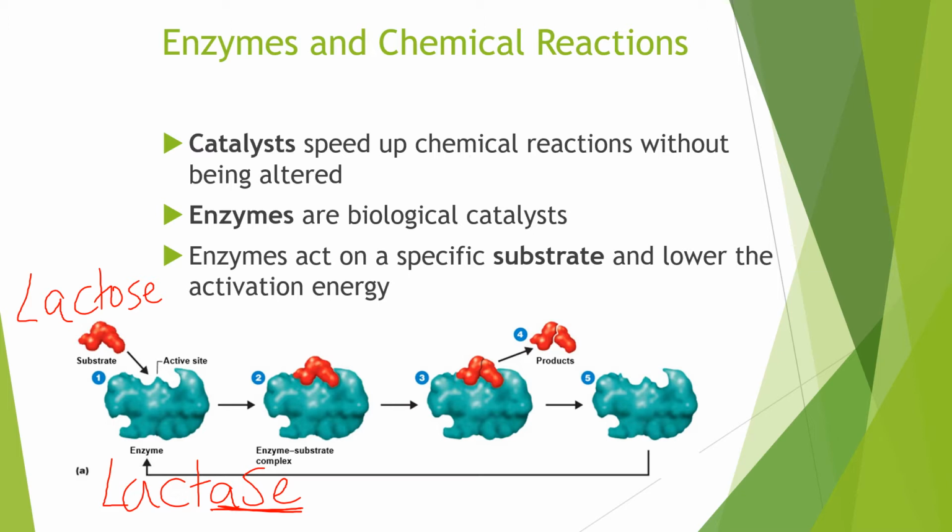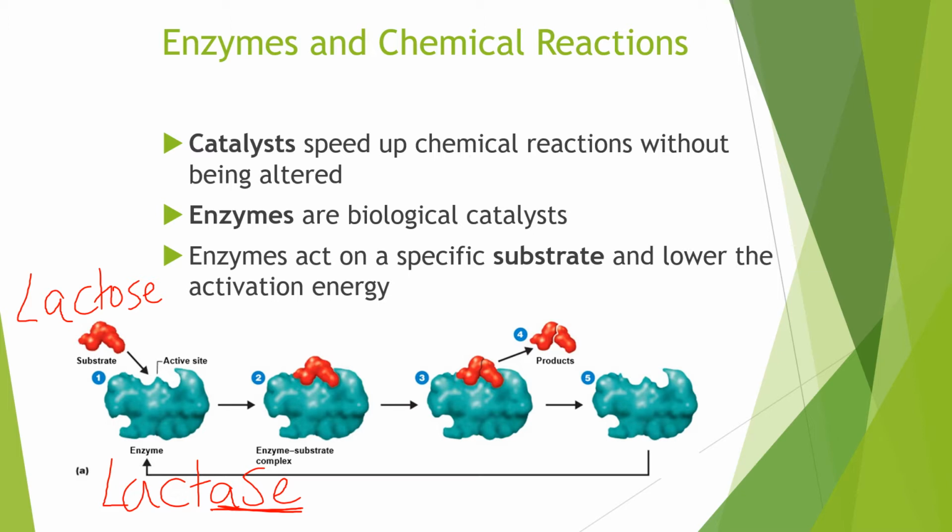Now, lactose is only going to bind to the enzyme known as lactase because it has the proper structure to fit within the active site of lactase. As I said, other enzymes are going to have different looking active sites, and lactose is not going to be able to bind to those other active sites. It's not going to be able to fit.